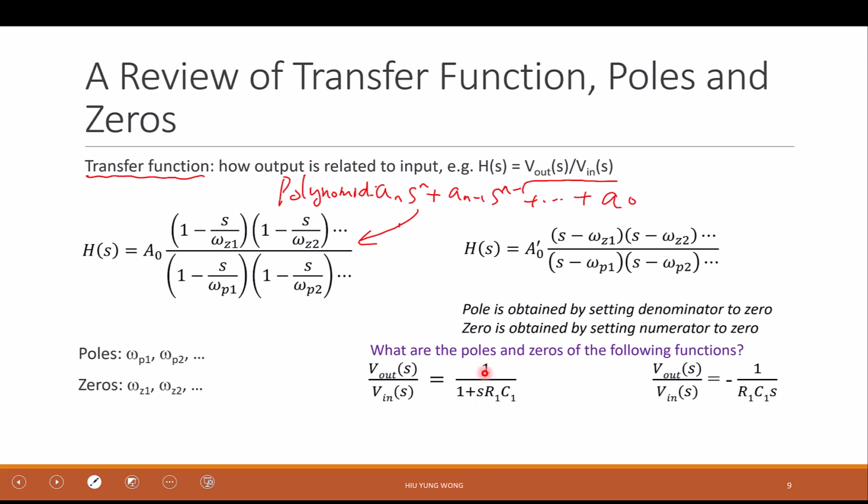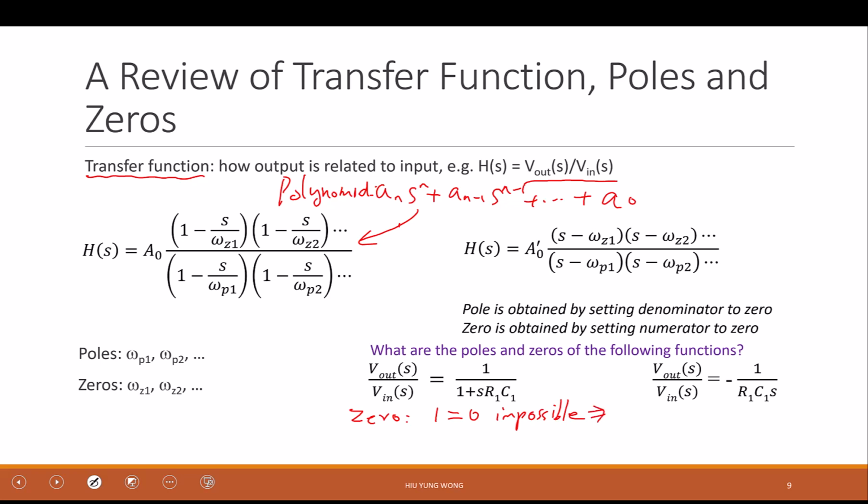What is the zero in this case by definition? Very good. You need to follow the definition for zeros. We need to set the numerator, 1, equal to 0, right? It is 1, right? Is it possible? We say impossible, right? It's just saying that I cannot find any s so that 1 equals 0.